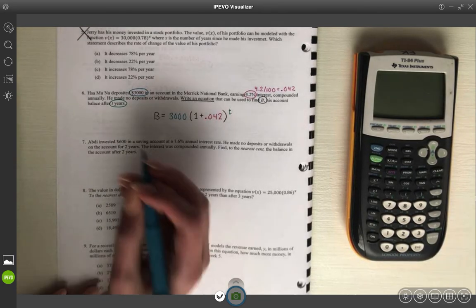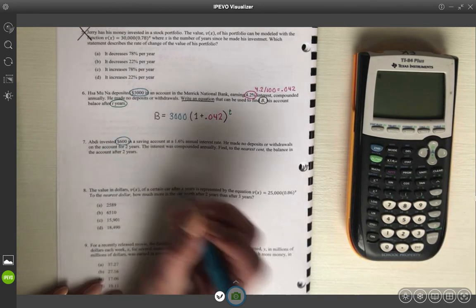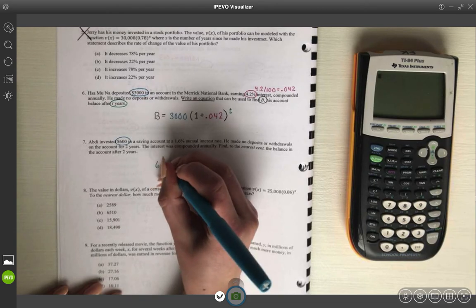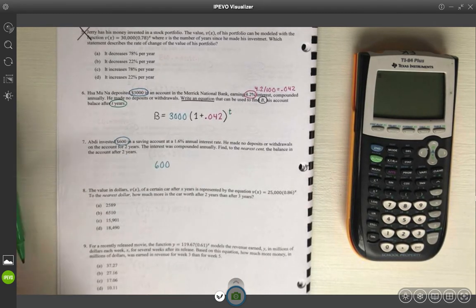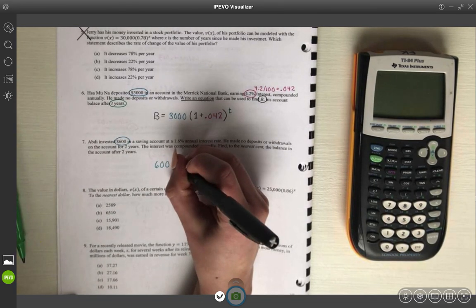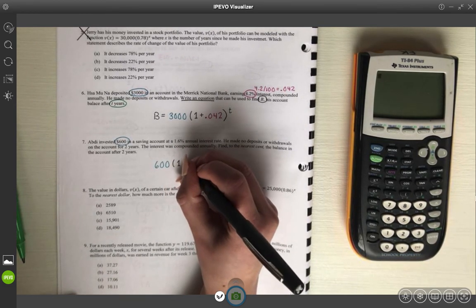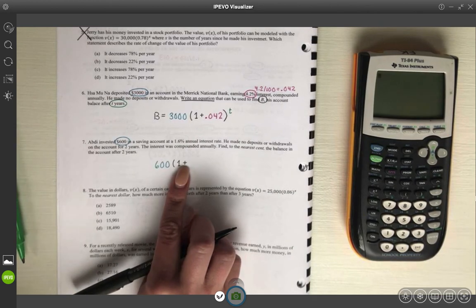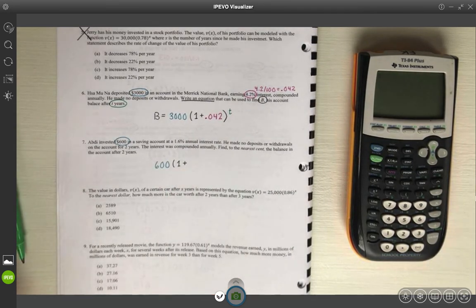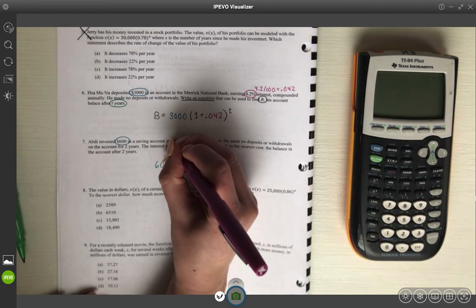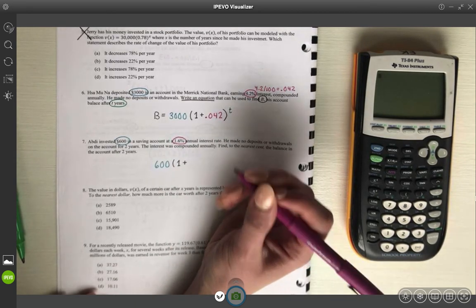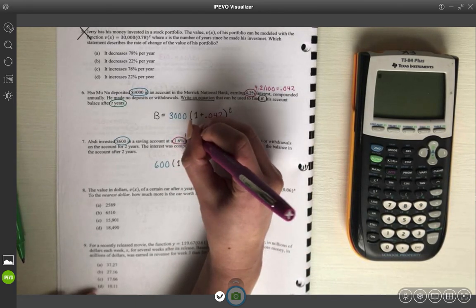All right, let's piece it together. We're starting with $600, parenthesis 1. We're talking about a savings account that grows over time, so we're going to use a plus sign. Next, we need to take 1.6% and change that into a decimal. So 1.6 divided by 100.